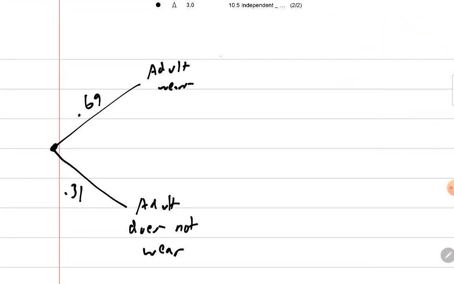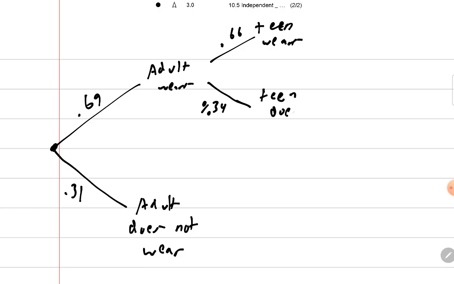Now, if the adult wears the seatbelt, then it says that there's a 0.66 or 66% chance that a teen wears their seatbelt. Teen wears seatbelt. Okay, so there's a 66% chance. 100% minus 66 is a 34% chance that even though the adult is wearing a seatbelt, the teen does not wear a seatbelt.